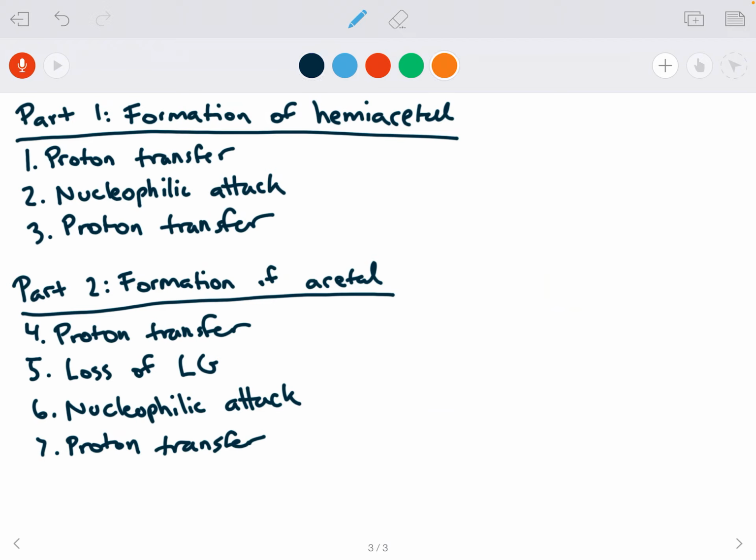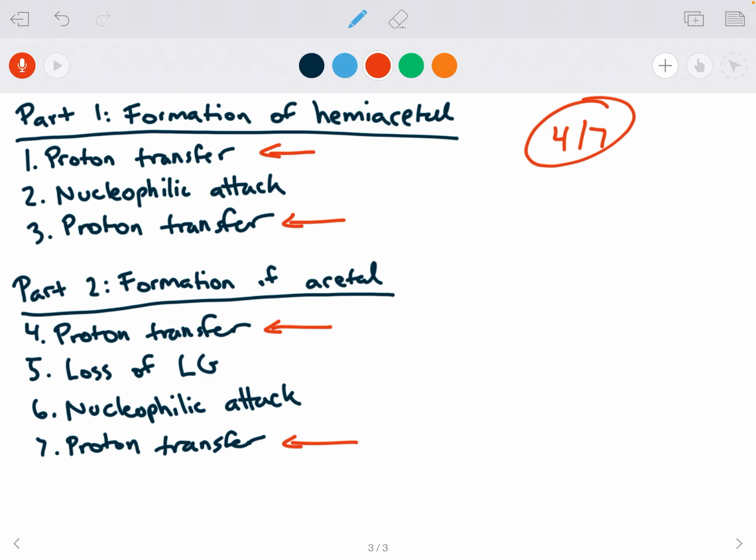Something that can also make this simpler. The first step and the last step of each of the 2 parts is a proton transfer, right? So 4 of the 7 overall steps of this mechanism are just proton transfers.